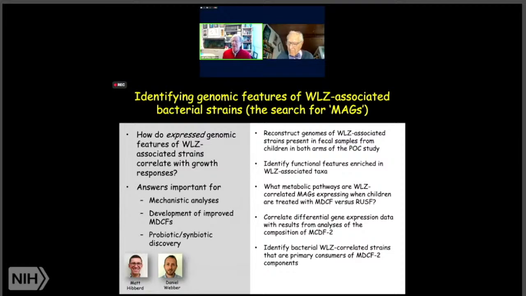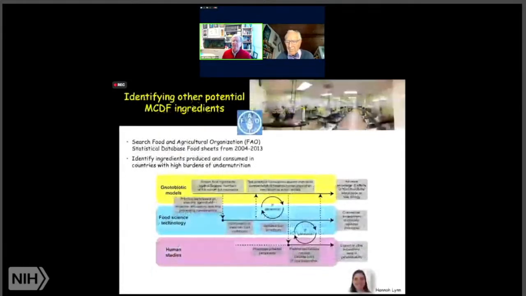So identifying the bacterial WLZ correlated strains that are primary consumers of MDCF2 are important tasks ahead.